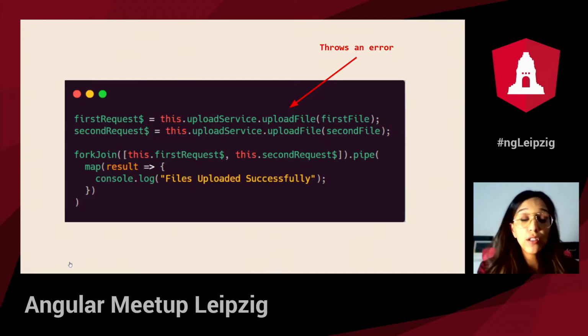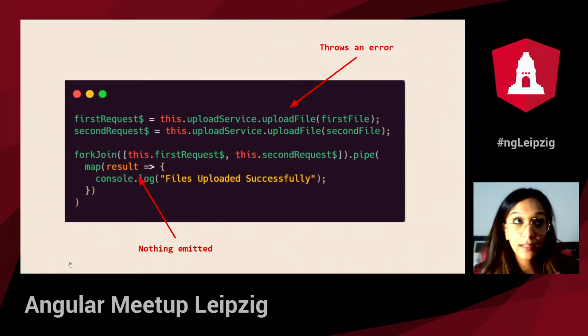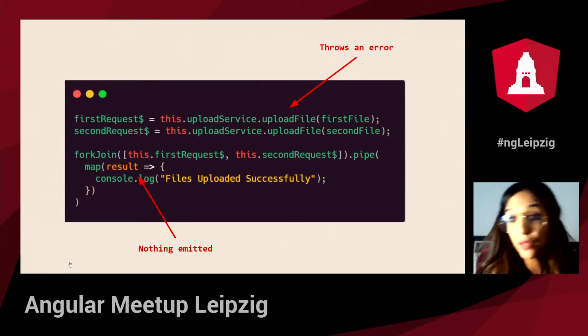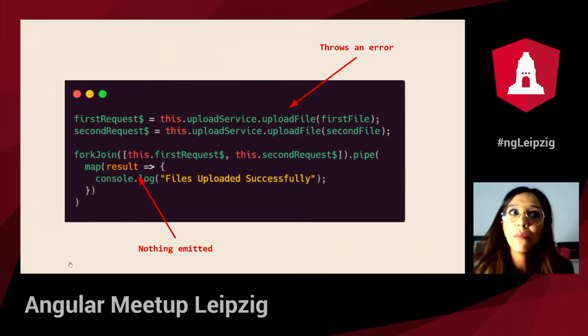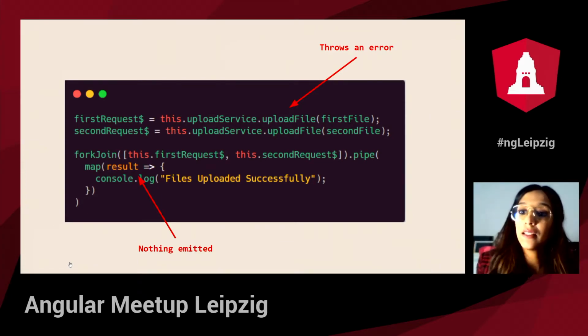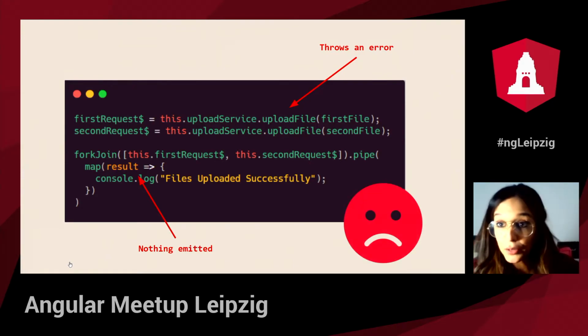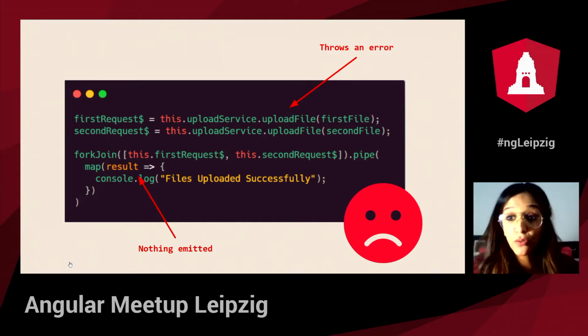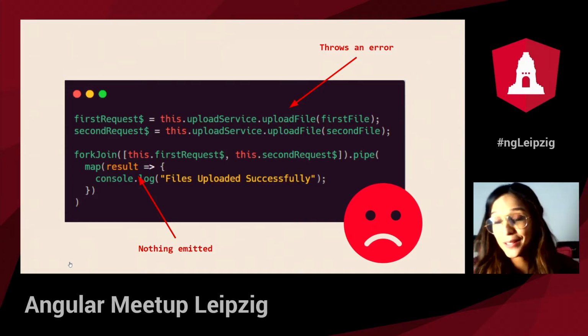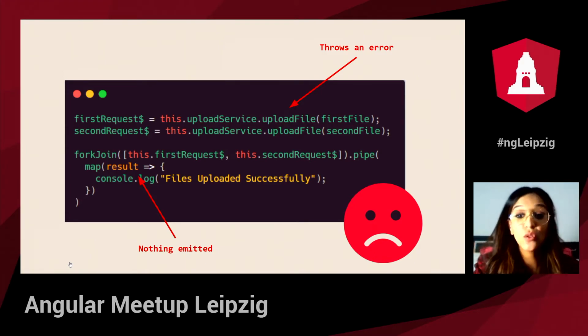When an error is thrown, the stream will be completed, and nothing is emitted. You're like, hello, what happened? And you don't know what happened. Nothing is emitted because the stream has completed with an error. So this is not good, and it is not the right implementation. You have to handle errors in this case.